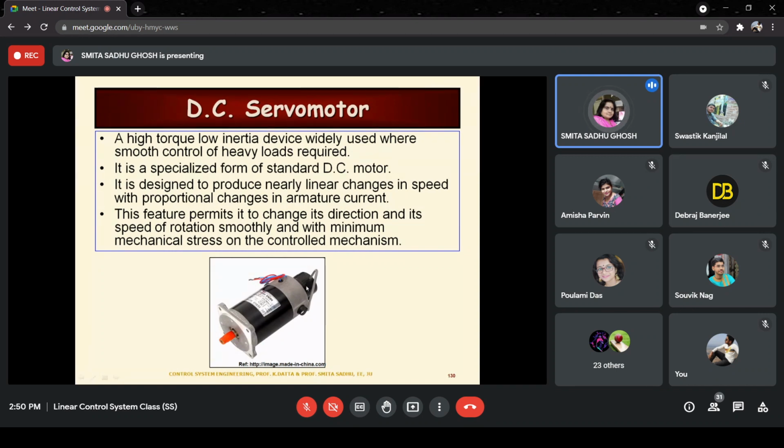That would only be possible if it has low inertia, and only be possible for servo motors. Otherwise, there will be a huge mechanical stress. If I just take a simple DC motor, which is not specialized and not in the special form of a servo motor, it will not be able to achieve these criteria.